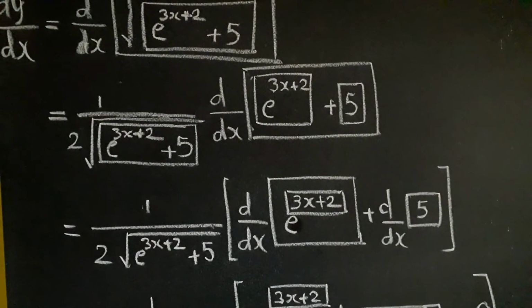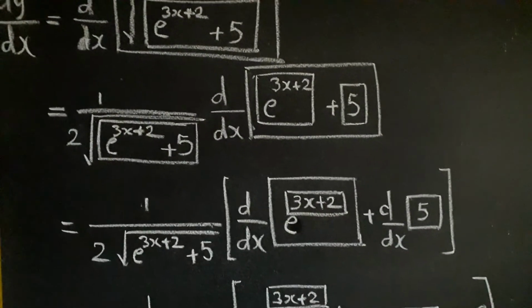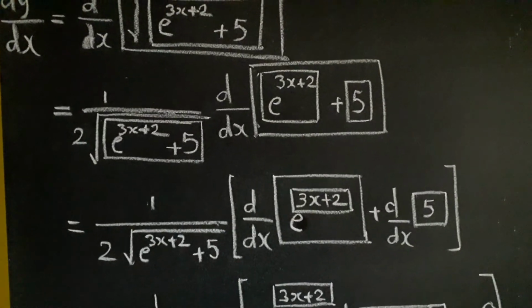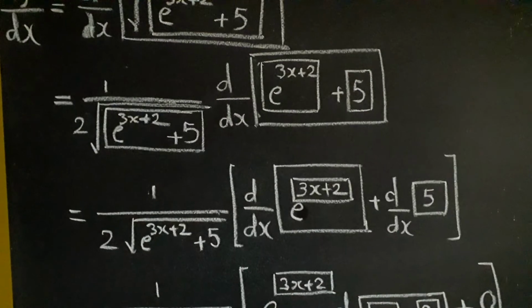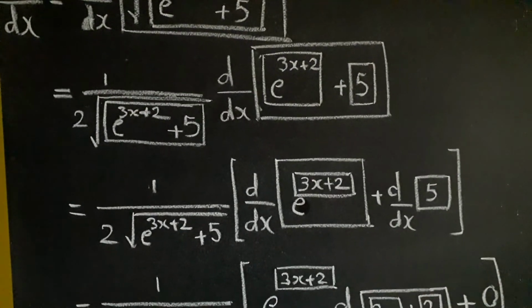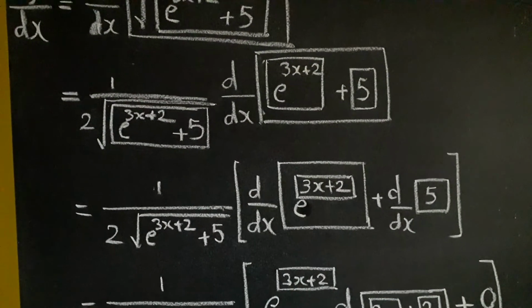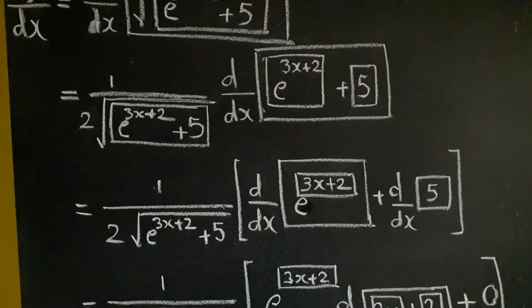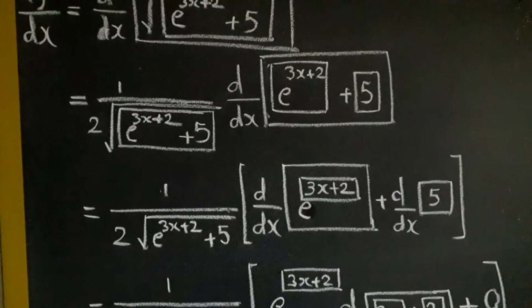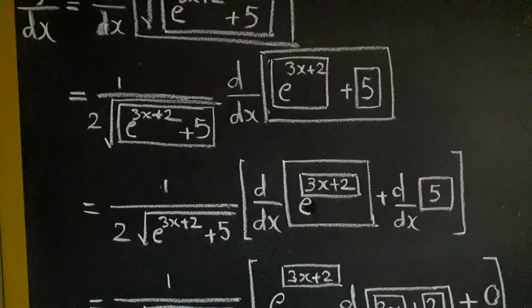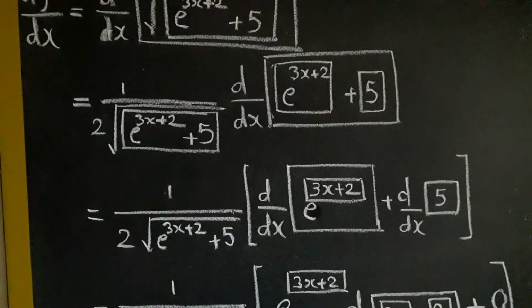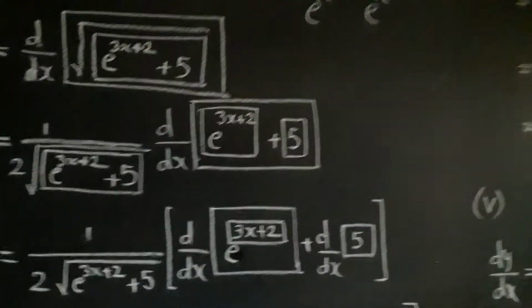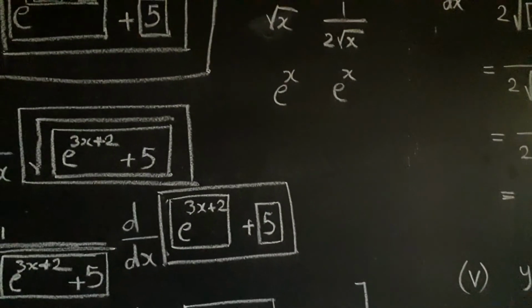Now in the first box, when we find the derivative, what I find inside the box is e raised to something. So it's an exponential function where the base is a constant, and 3x plus 2, that is the box, is nothing but a variable. We know directly that the derivative of e raised to x is e raised to x, which we have written here.